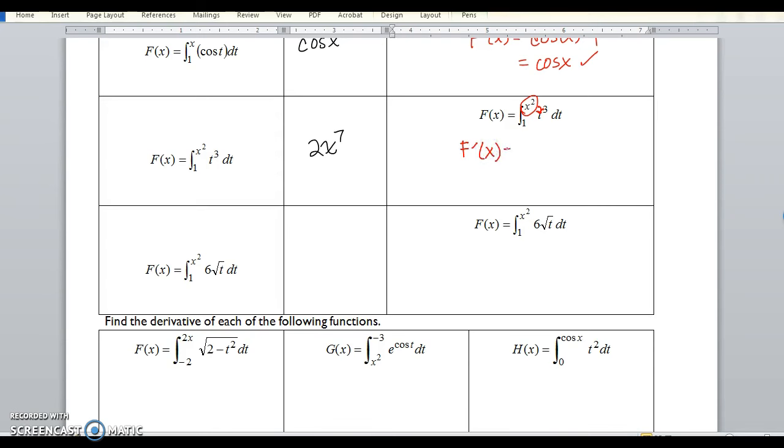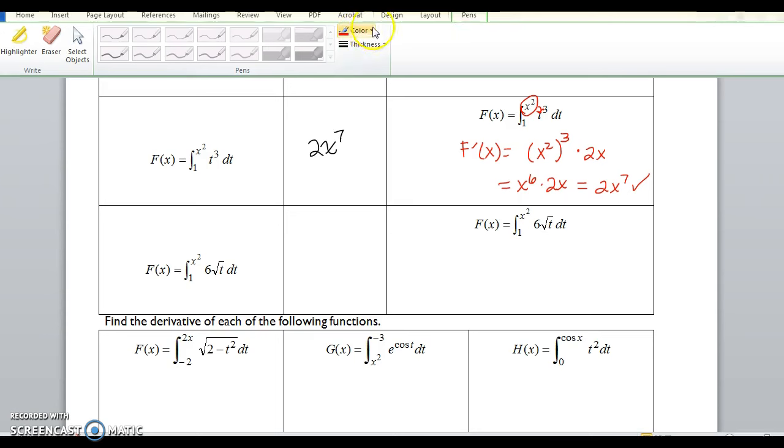So F prime of x is equal to x squared cubed. So we just replace the t, and then times the derivative of x squared, which is 2x. So that's x to the 6th times 2x, or 2x to the 7th. So that checks out. That's why we had that extra term there, because we had to plug in x squared and then multiply by the 2x. So that gives us the rest of our equation.